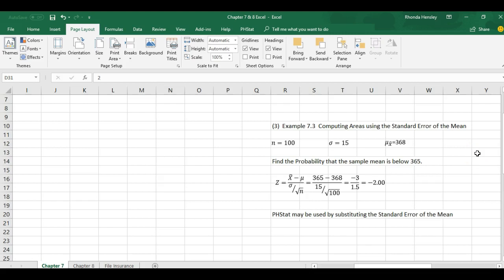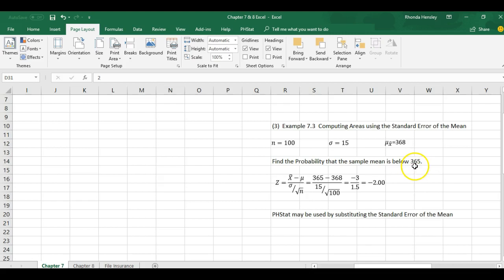You can use PHStat for this, or you can do it by hand using your tables, either one. But the computation, again, example 7.3 in your book, he changes the sample size to 100. He has the same 15 for the standard deviation, and the mean, what they think is in the population, is 368, it's grams or something like that.